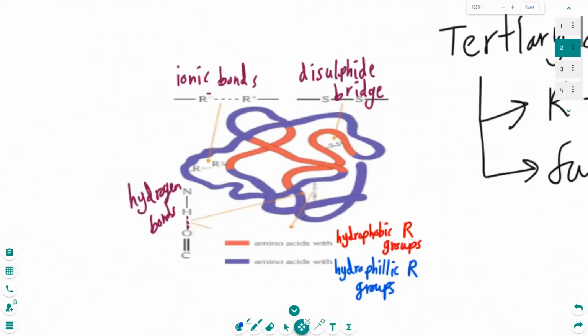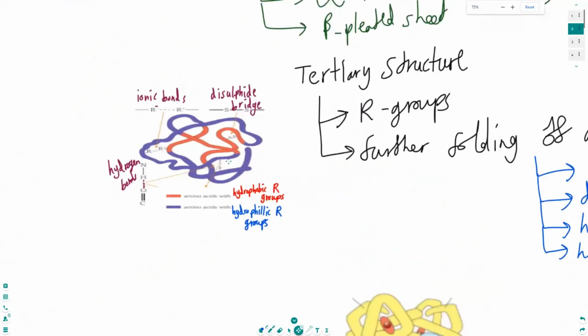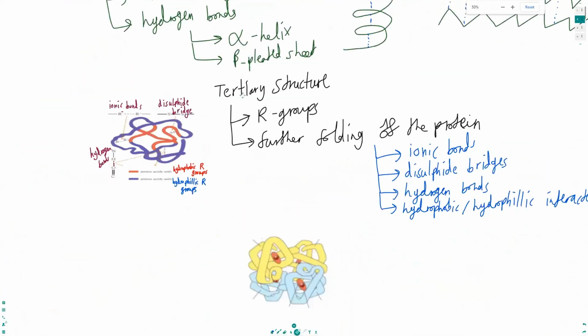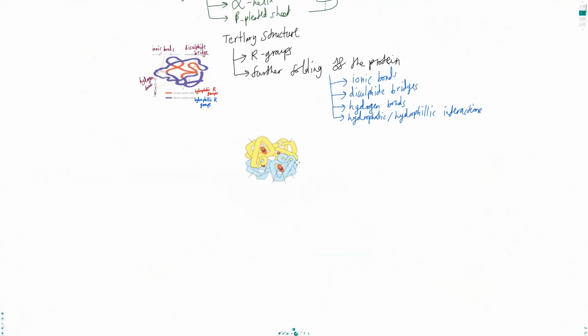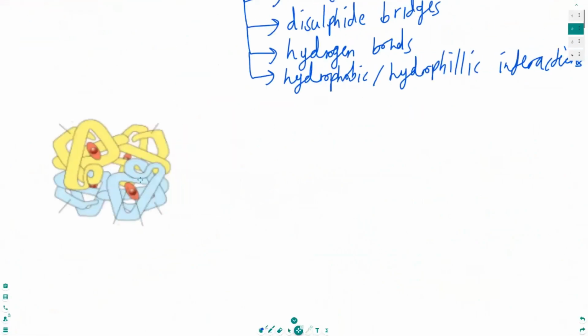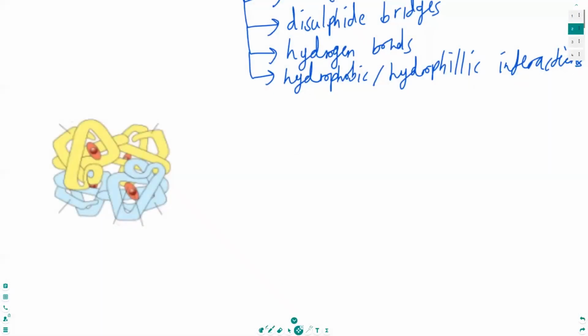Most proteins stop at tertiary structure. But there are a few proteins that go beyond tertiary structure, one of them being hemoglobin, and hemoglobin can actually go into something called quaternary structure.